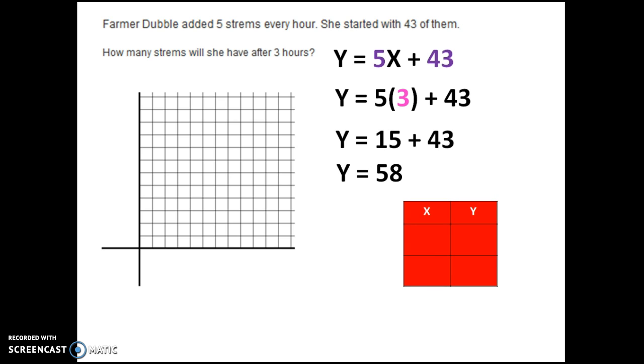So we have our points of 0, 43, and 3, 58. Our x-axis is hours. Our y-axis is stems. If we look for our x, we can go up by 1s for those.